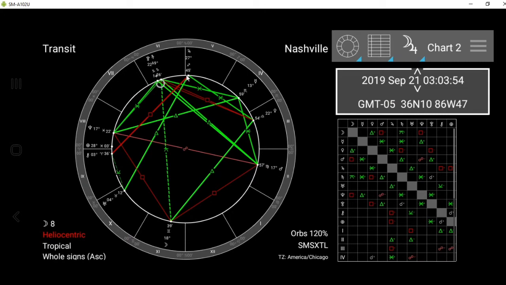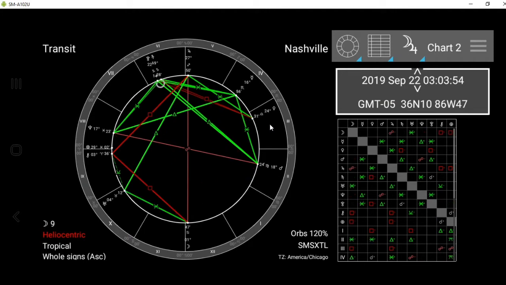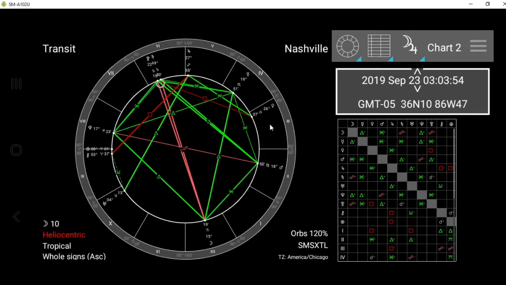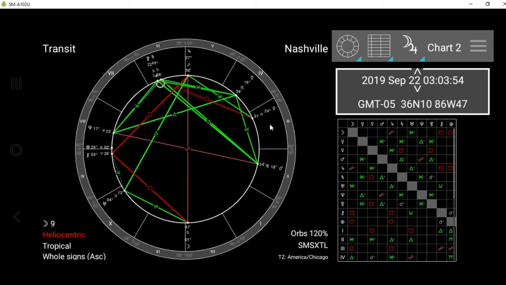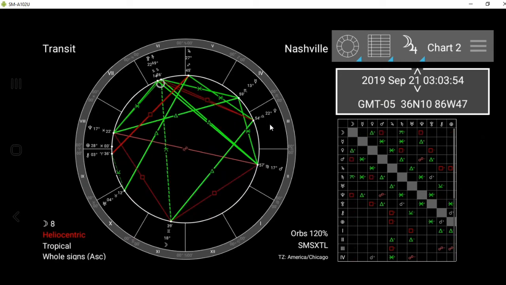What's everybody doing here? Looks like caution got the better of us. Everybody took profits.